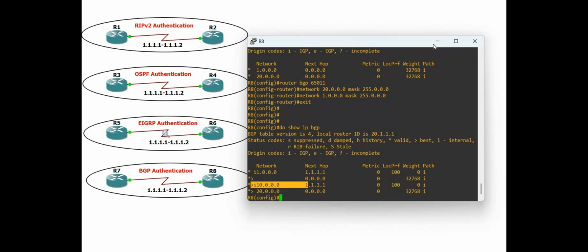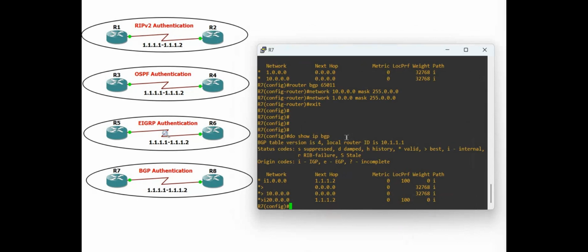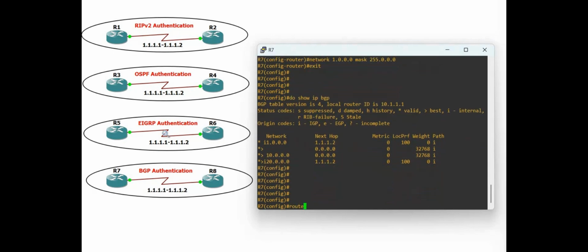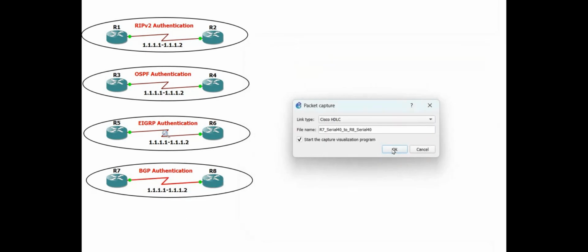Now let's configure BGP authentication with router 7. Router BGP 65011 and the neighbor is 1.1.1.2 and the password is internetworks.